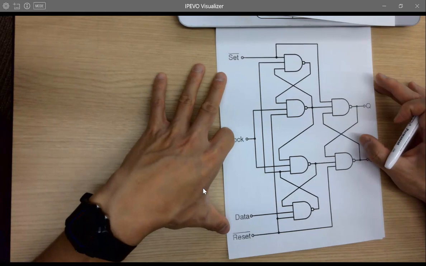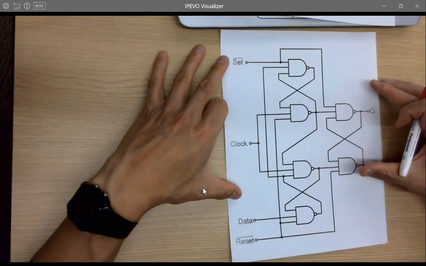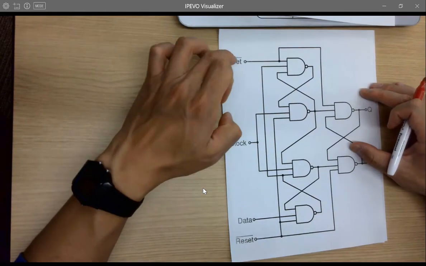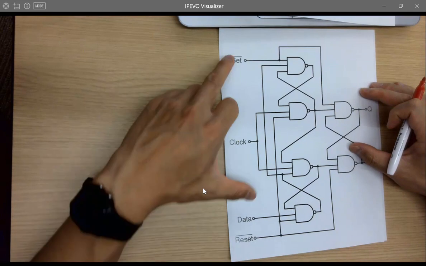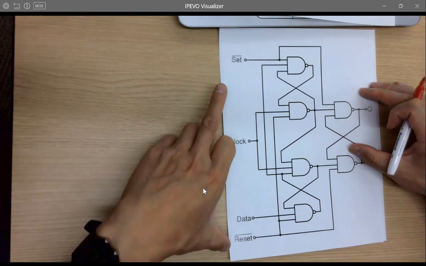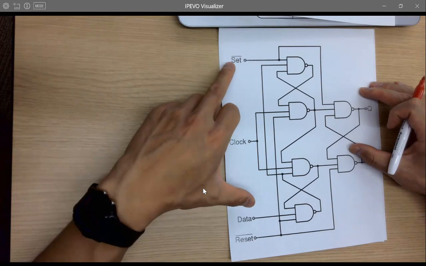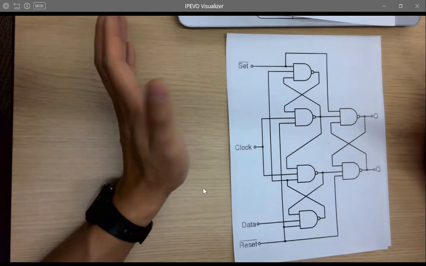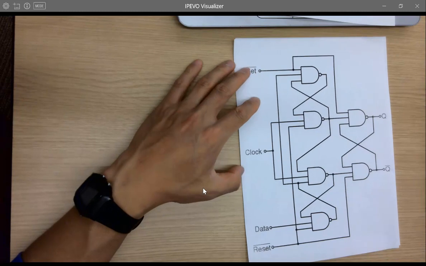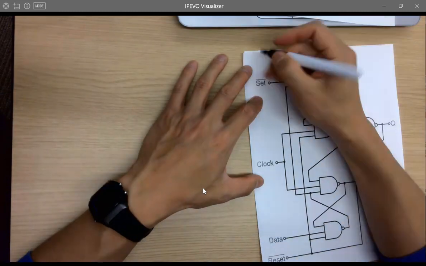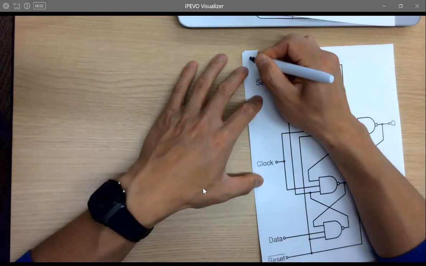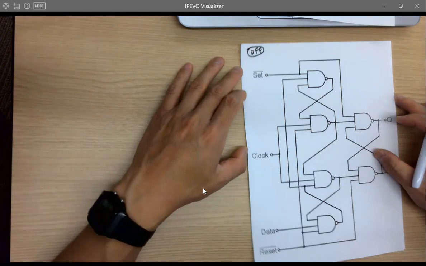Okay, but when you are using this circuit as a D flip-flop, you put a 1 to each signal line here. So you're not activating the set or reset functionality of it. Just use it as a normal D flip-flop. Okay, so now let's look into that. If it's just a normal D flip-flop, is it a rising edge?